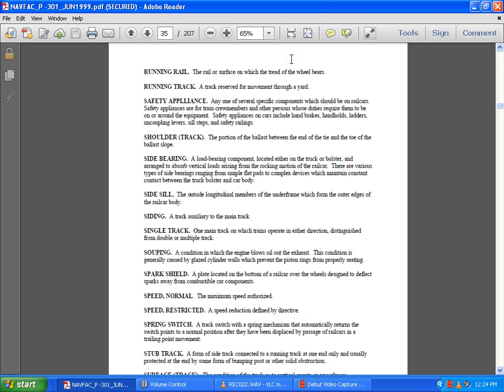Once again, safety appliances are specific components which should be on railway cars. Safety appliances on cars include hand brakes, handholds, ladders, uncoupling levers, sill steps, and safety railings.